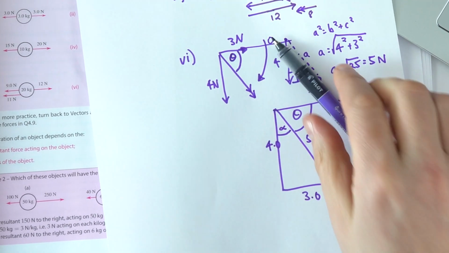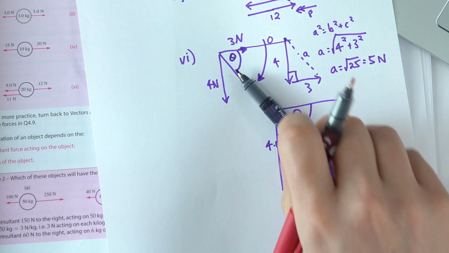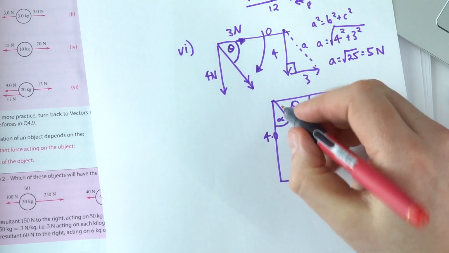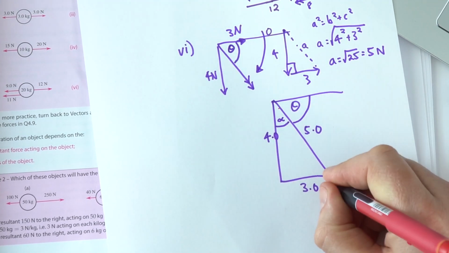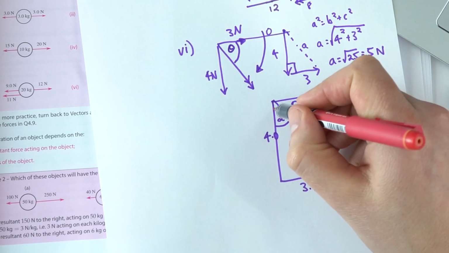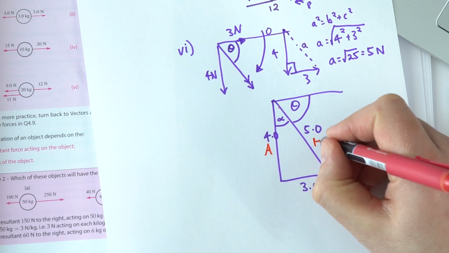Actually, I'm just going to move to another colour. Okay, so this is the angle we want to find out. This side here is opposite to that, so I'm going to put an O for opposite. This length here is the adjacent side, and the longest one is the hypotenuse.